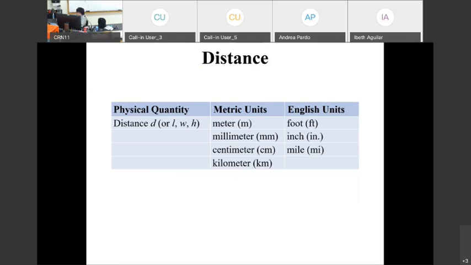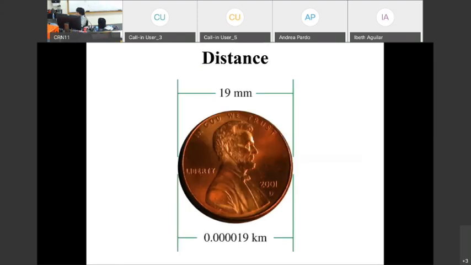But remember, in physics, starting from last class and so on, we are going to be talking about SI units. Now, why are they important? We talked last class and at the beginning of this class about millimeters, nanometers, centimeters. Why do we care? There you are. That's a penny.